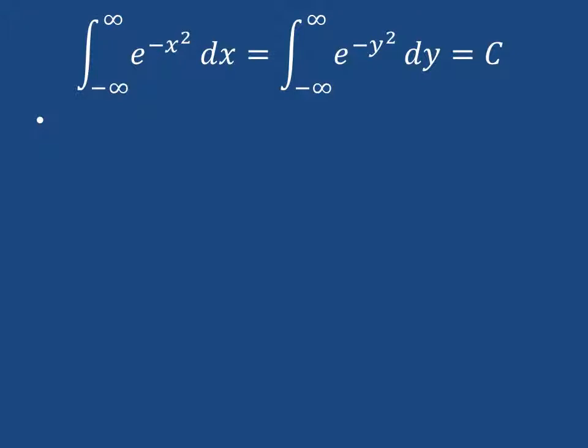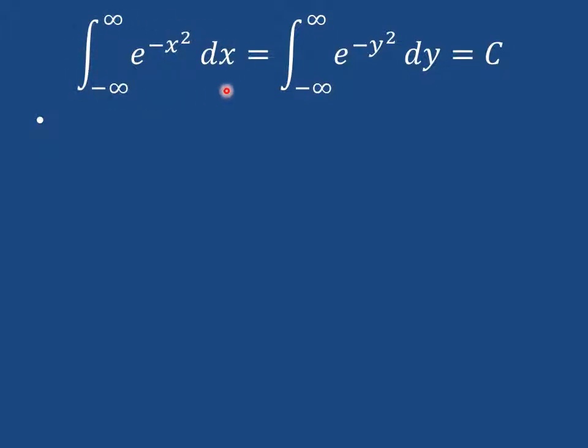Okay, now what we have here is a representation of our integral in two different variables. The first integral that I'm circling here is the one that I presented at the beginning. This is exactly the same integral. The only difference is we have a different variable, y.